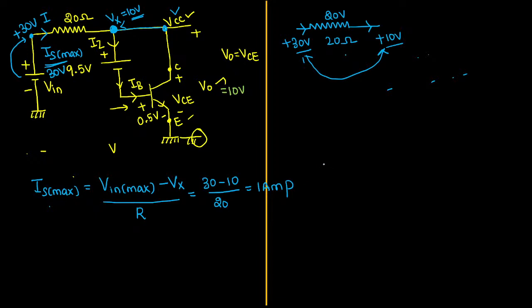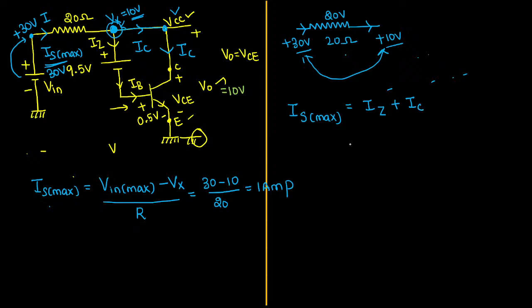Once you find the maximum current, what is our next target? Let us try to find the value of IZ, the Zener current, and the collector current IC. This collector current will be coming from here only. Now if you apply KCL at this junction, the maximum supply current will be equal to the addition of Zener current plus collector current.